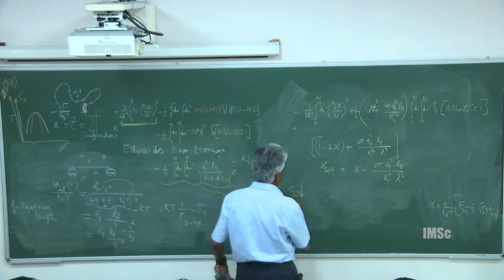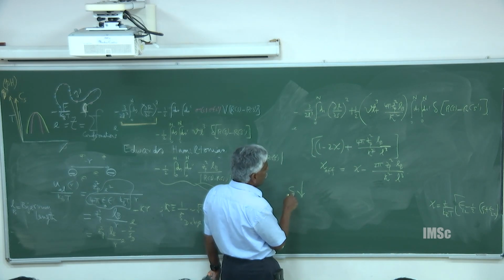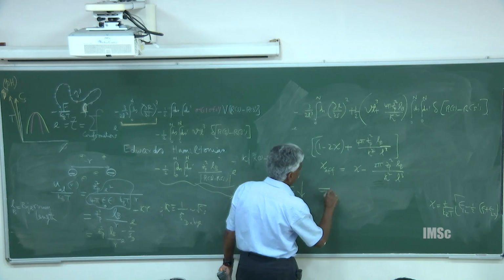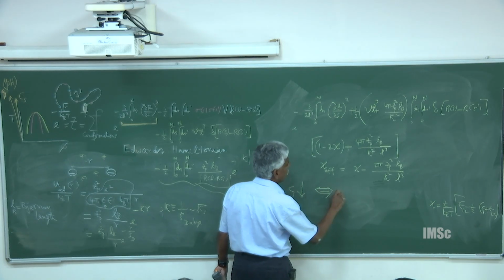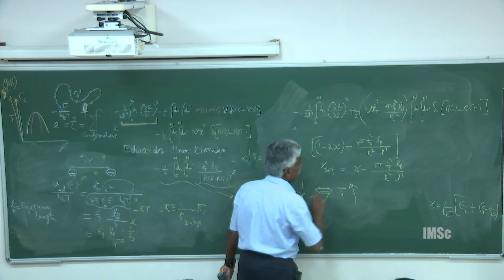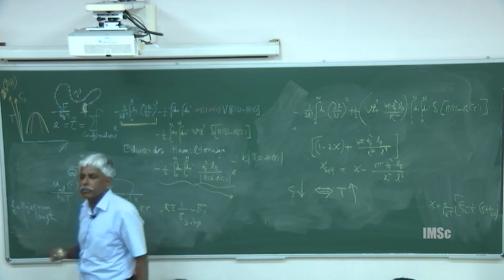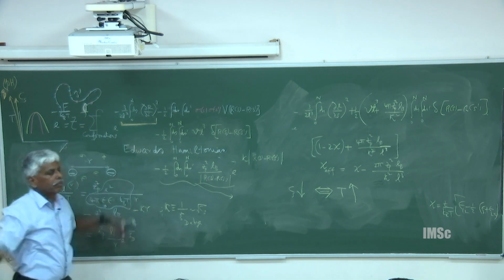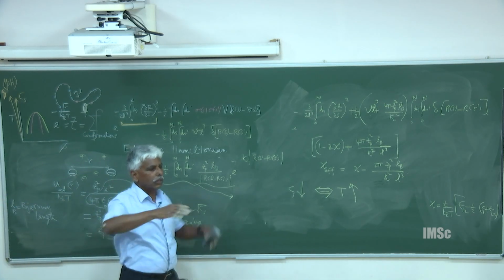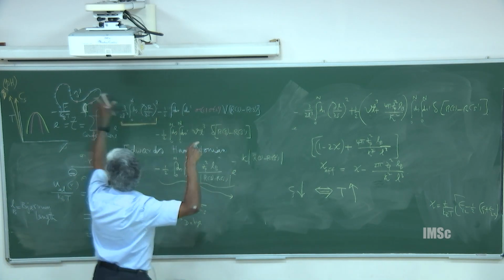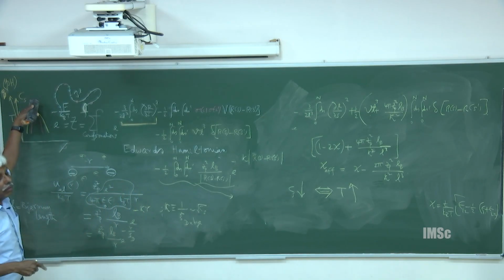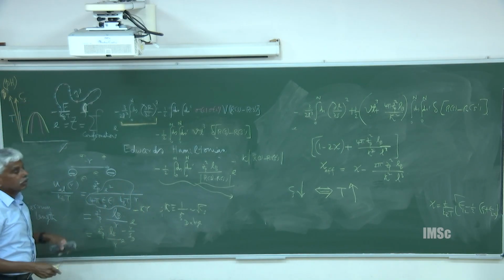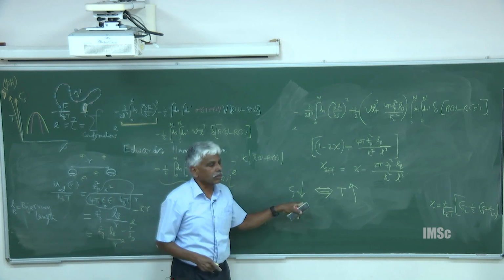Okay. So this means lowering salt concentration is equivalent to what? It is equivalent to raising the temperature, right? Because it's spreading. At a high temperature, it's a homogeneous phase. That's equivalent to lowering the salt concentration.